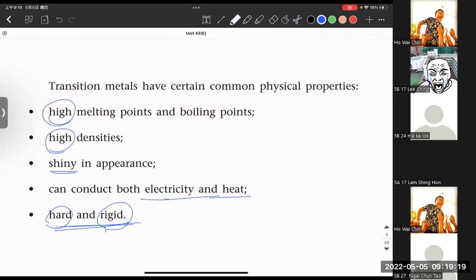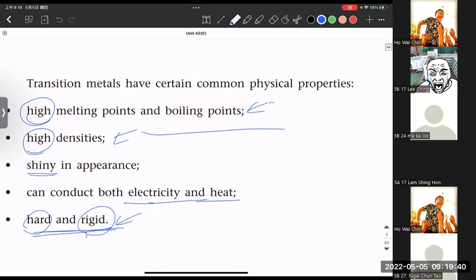Agree? So, in order to get to know all those, we will try to take a look at these, especially melting point, boiling point. Now, because it seems these items are interrelated, the reason behind must be related to the strength of metallic bond.